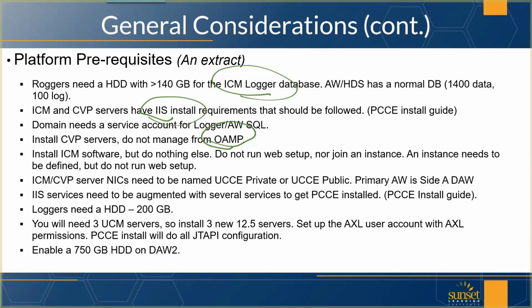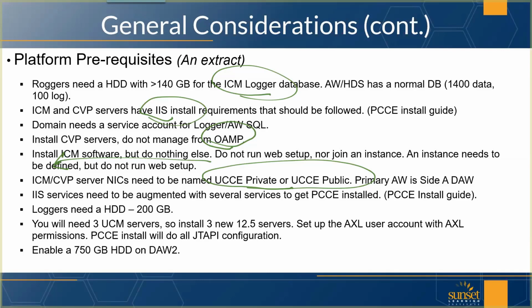Because this is packaged and because the wizard assumes certain things, we don't get any flexibility in terms of naming our NICs in either the ICM or the CVP server. For instance, UCCE private or UCCE public is the name of the ICM NICs that are necessary and would be part of the inventory file.